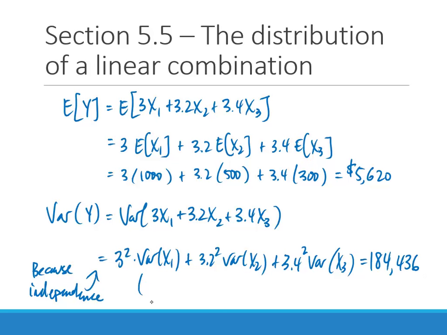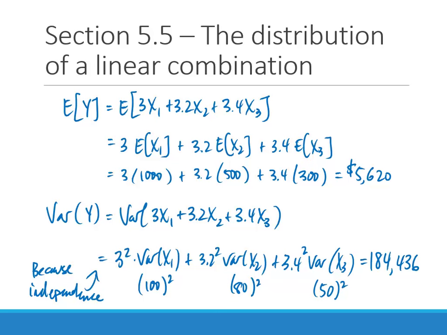So the variance of x1 is 100 squared, the variance of x2 is 80 squared, and the variance of x3 is 50 squared. Okay. Pretty straightforward, yeah?